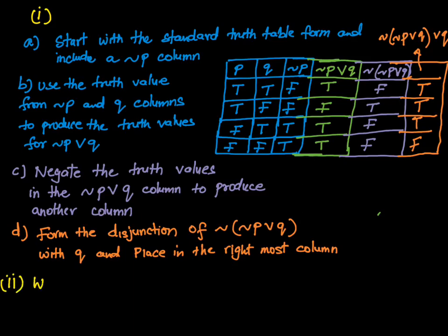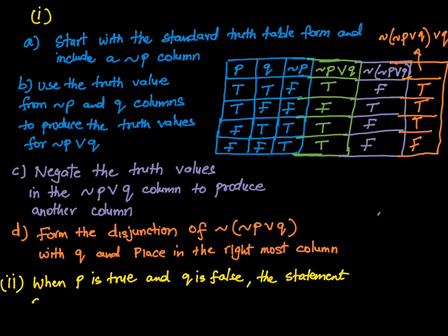Okay, so our last, second part of this was: if P is true and Q is false, then what happens to the answer? So when P is true and Q is false, it's going to be the second row, right?